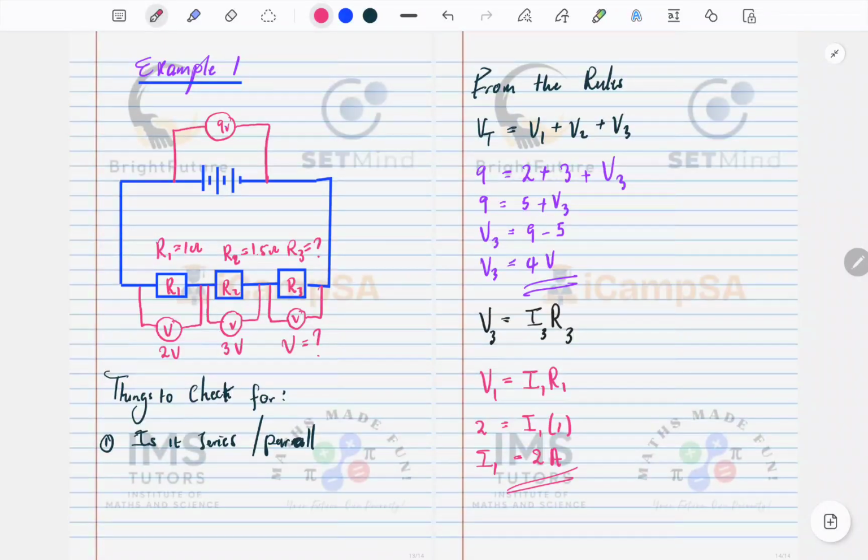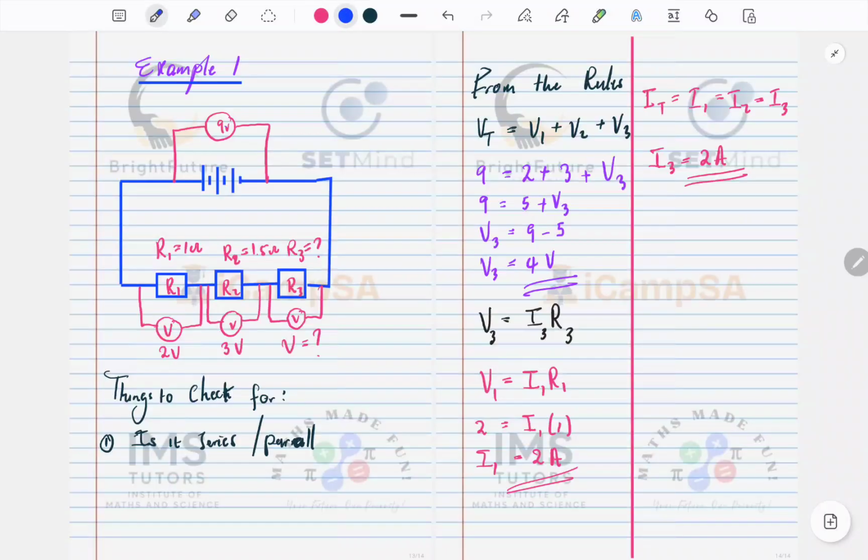But from the rules, remember, IT equals I1 equals I2 equals I3. Then it means I3 is equal to 2 amperes also.